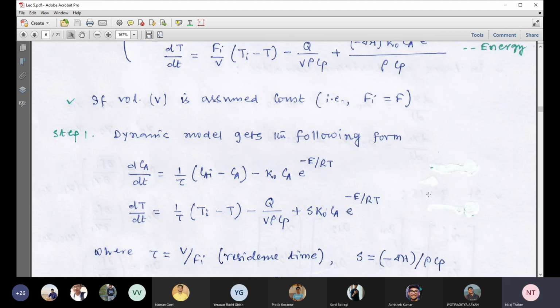The exponential term is the nonlinear term. Yeah. Anything else? Anyone can tell the correct answer?